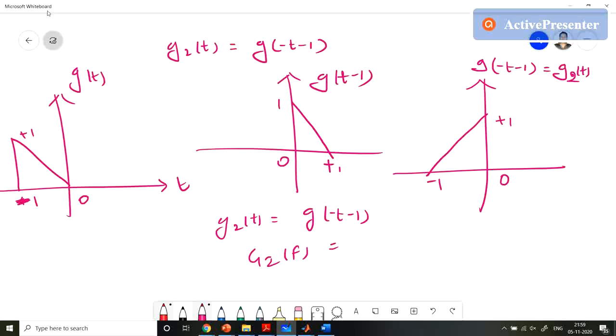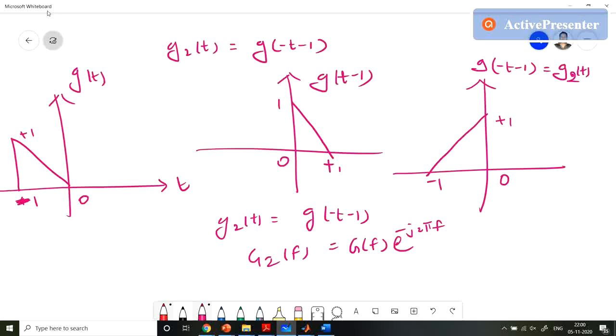So what we are getting here is Gf multiplied by e raised to the power minus j 2 pi f. Please check this relation. Here we have minus f.